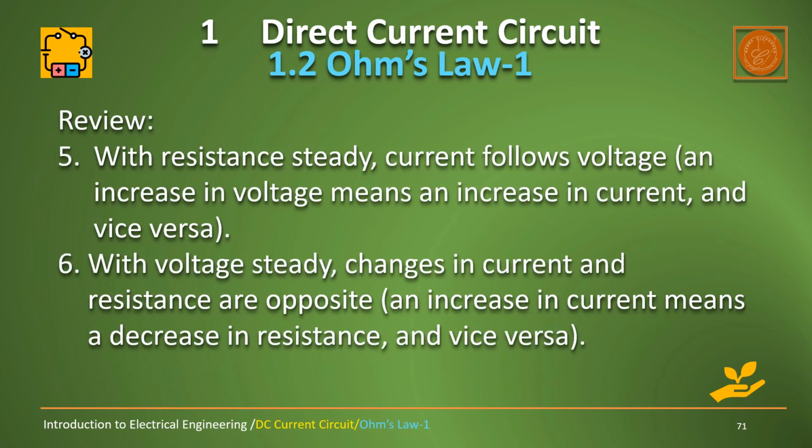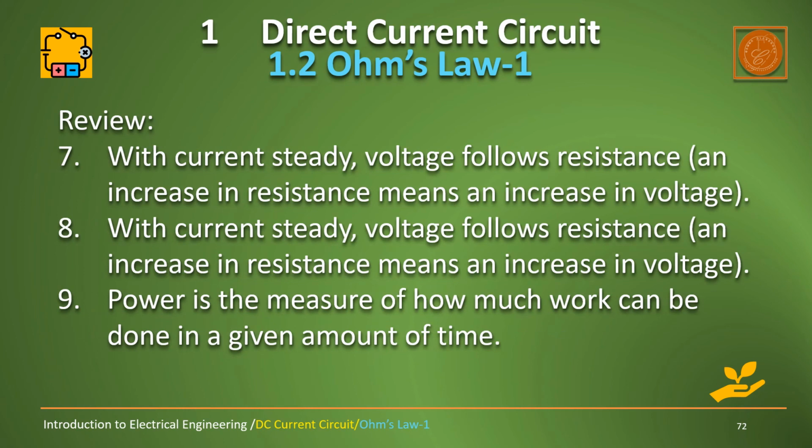Number 5, with resistance steady, current follows voltage. An increase in voltage means an increase in current, and vice versa. Number 6, with voltage steady, changes in current and resistance are opposite. An increase in current means a decrease in resistance, and vice versa.